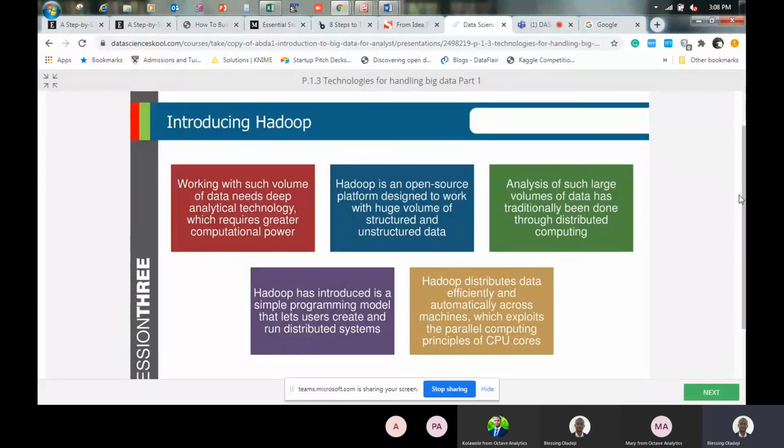What Hadoop does is that it tries to distribute the data efficiently across all the different nodes. It also exploits the concept of parallel computing to distribute the data across all the different nodes within the distributed computing environment.